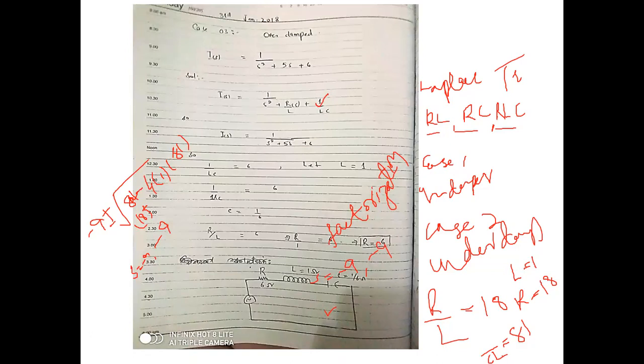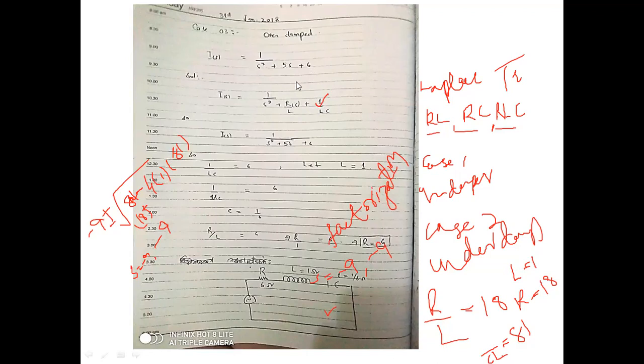Now again the given equation is 1 over s square plus 5s plus 6. Again we have to compare the denominator of this given equation with the general equation, that is s square plus R over L s plus 1 over LC. So R by L is 5 and 1 over LC is 6.